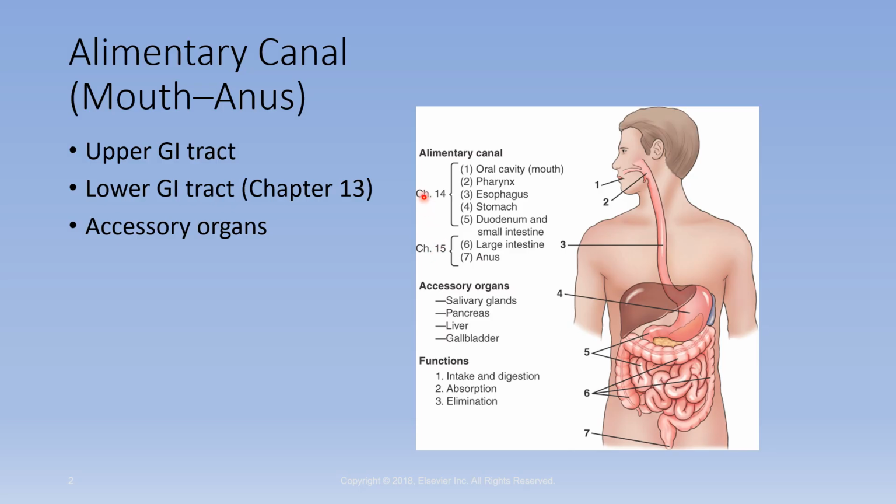When we look at the alimentary canal, notice it starts at the mouth, and then we go into the pharynx, and the pharynx has 3 parts. It has the nasopharynx, the oropharynx, and the laryngopharynx. Then we go into the esophagus, which carries food from the mouth all the way down into the stomach. Number 4 here is the stomach, and there are different areas, different anatomy to the stomach.